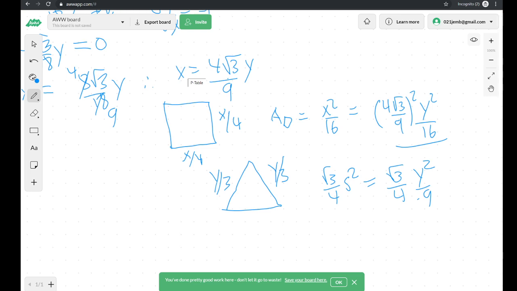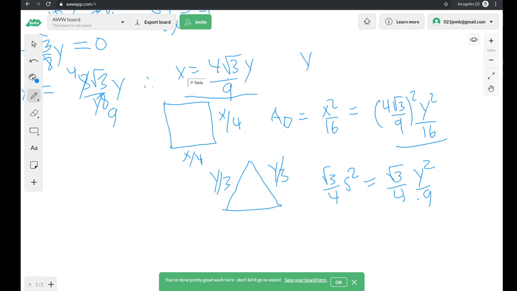And so we substitute our value of x in here, right? If you want to find the area in terms of x when this is a maximum, you'll have to do it the other way around. So you solve for y in terms of x.